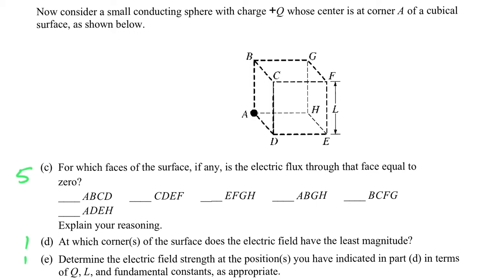And it says, this conducting sphere is at corner A of a cubical surface as shown. So we have a cubical surface. I know that means that it's asymmetric, but they're trying to throw you off your game here. It says, for which faces of the surface, if any, is the electric flux through the face equal to zero?